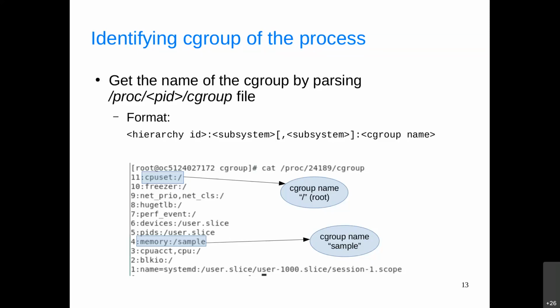As an example, it shows you that this particular process belongs to the root C group in the CPU set subsystem. And when you look at the memory subsystem, it is part of the C group called sample. So this example also illustrates that the process can be part of different C groups in different subsystems.